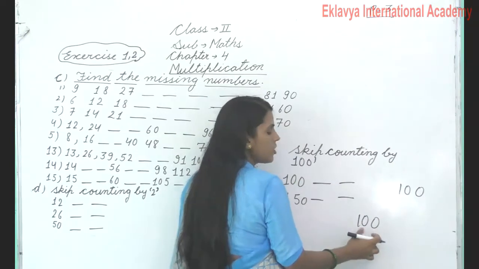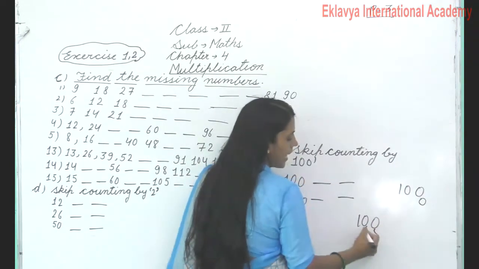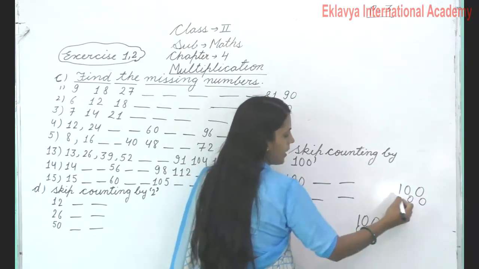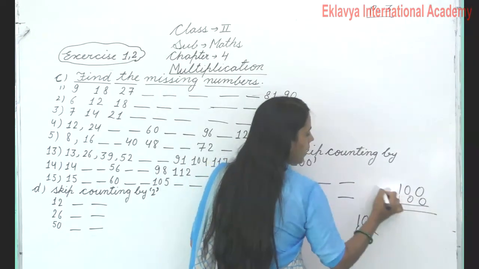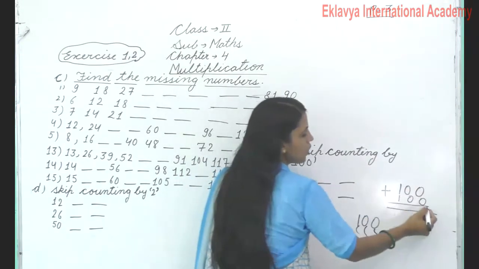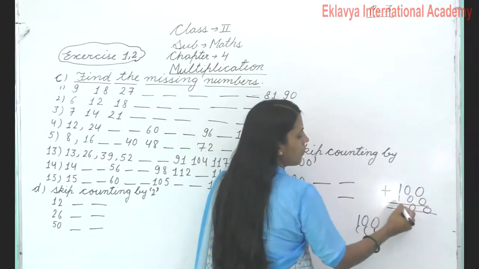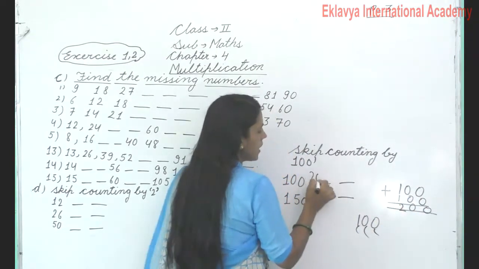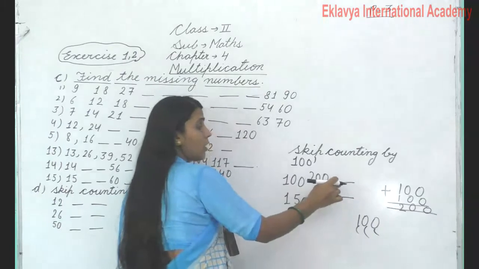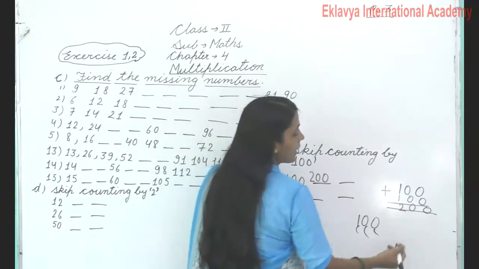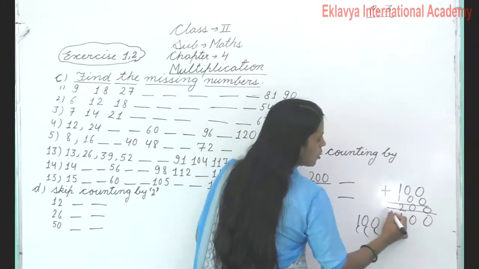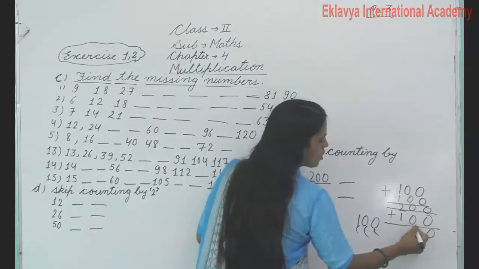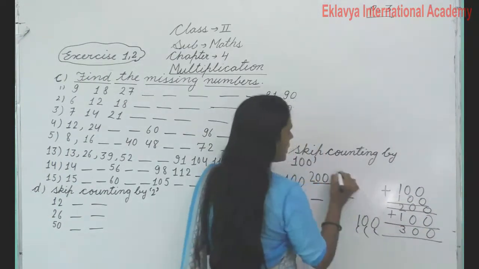First of all we will arrange ones number downside, tens number downside, and hundreds number downside. After that we will add. Like this 0 0 0 is 0, 0 0 0 is 0, and 1 and 1 is 2. So your answer is 200. We want to take one answer more, this time we will add 100 again in this question. 0 0 0 and 2 and 1 is 3, like this 300.